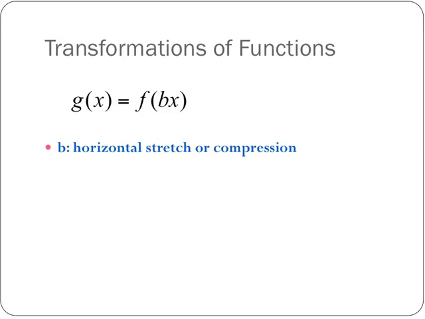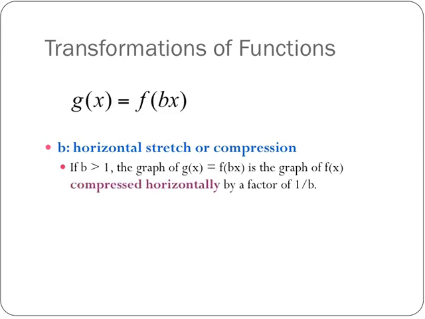When b is greater than 1, the graph of f of x is going to be compressed horizontally by a factor of, and here you have to be very careful, 1/b. For example, if b is equal to 4, that means that the graph is compressed horizontally by a factor of 1 over 4. So it's 1/4 the size horizontally.